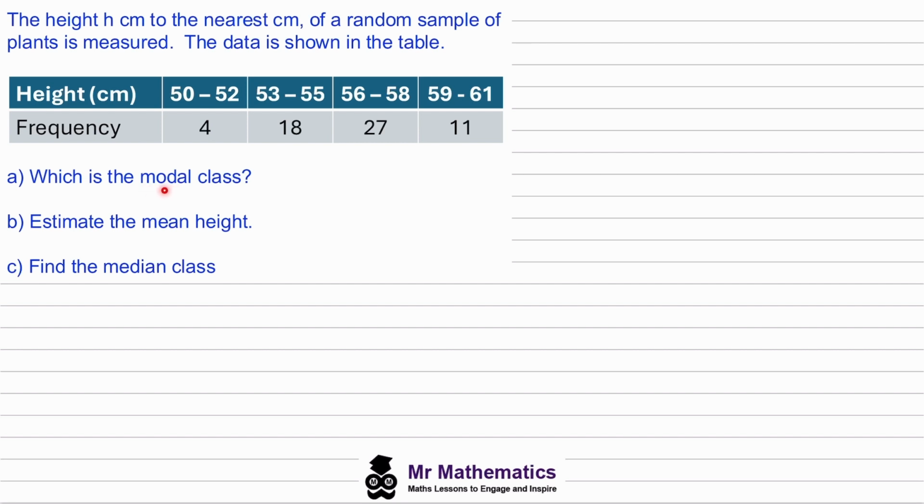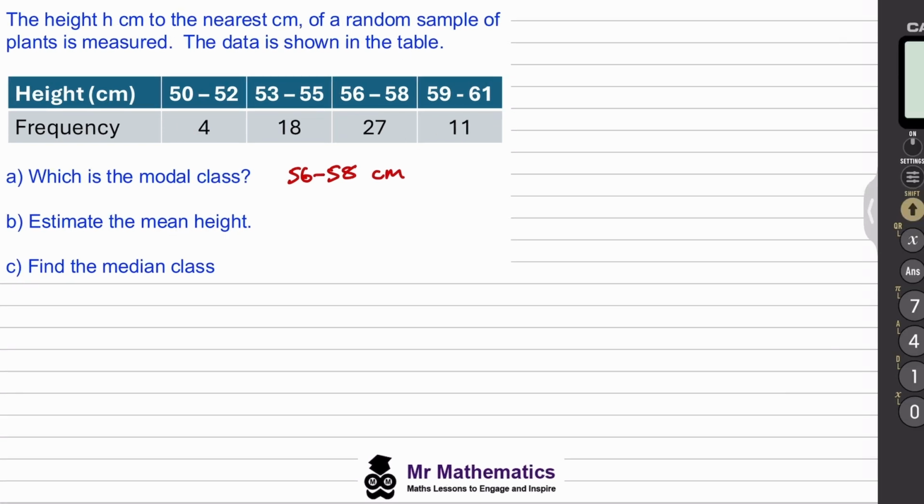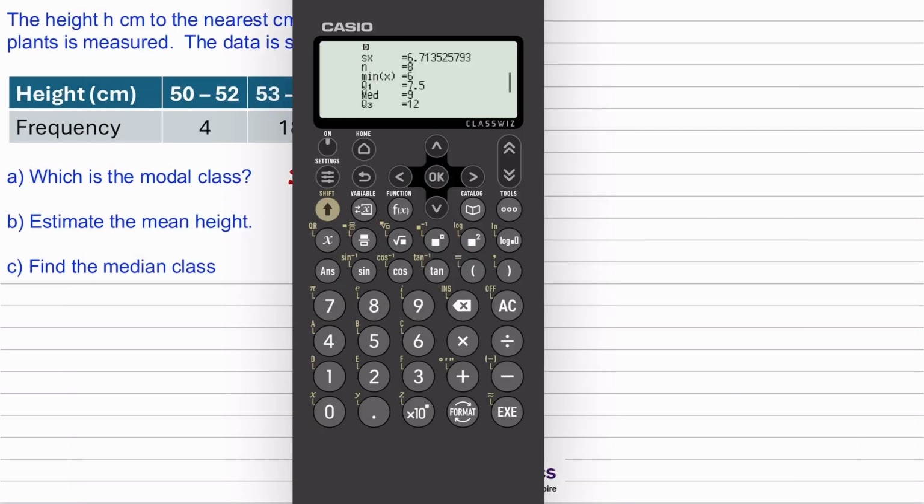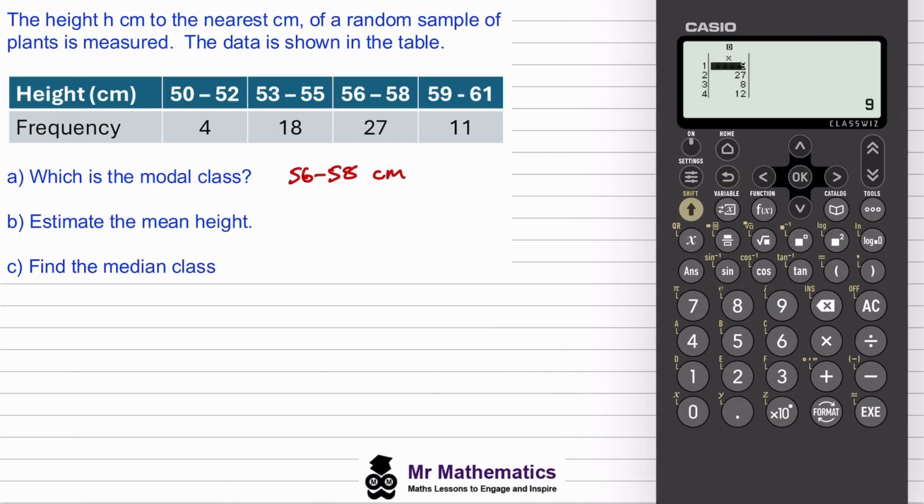The modal class is the one with the highest frequency, so this will be between 56 and 58. And then to estimate the mean height, well again, we can enter this into our calculator. We'll go back to our calculators, and this time we'll need to turn the frequency on, so tools, frequency and on.